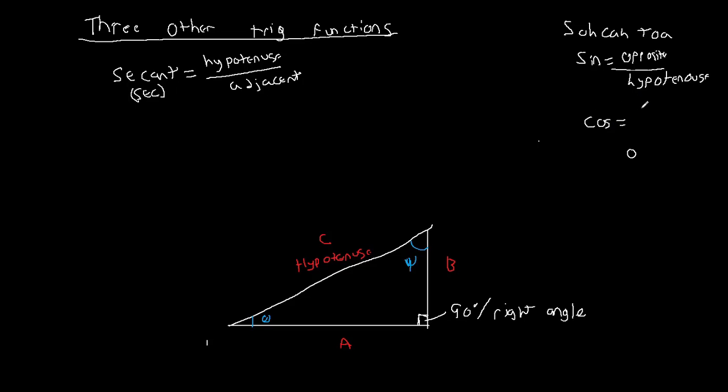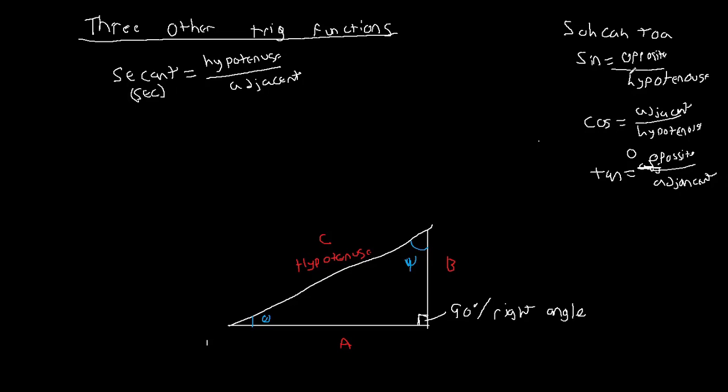Cosine is adjacent over hypotenuse. And then tangent is opposite over adjacent, right? Again, this is that Sohcahtoa.